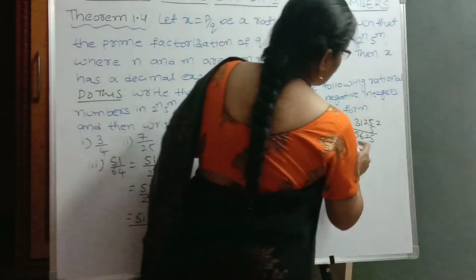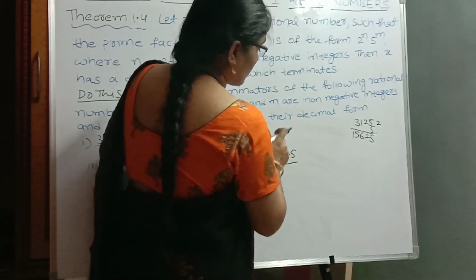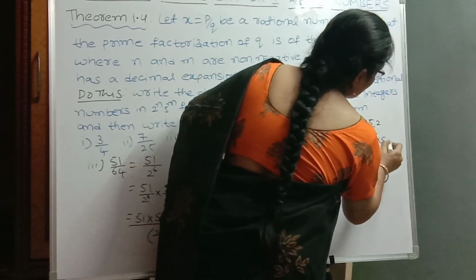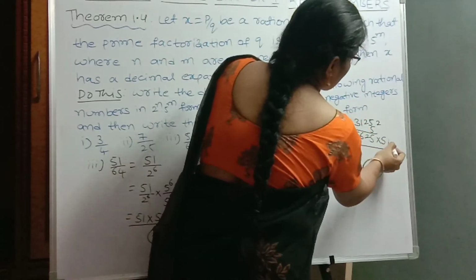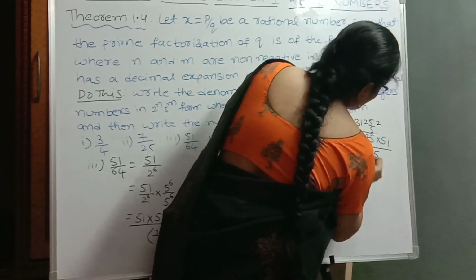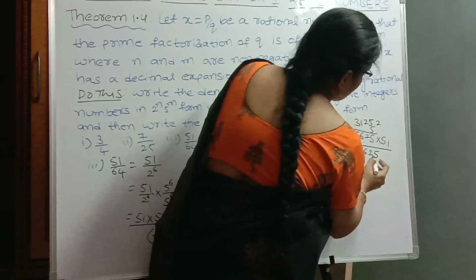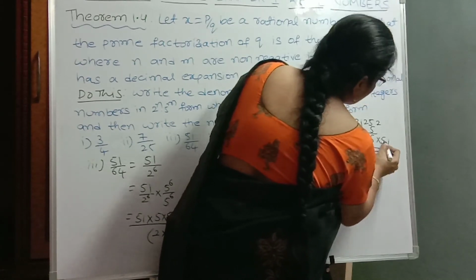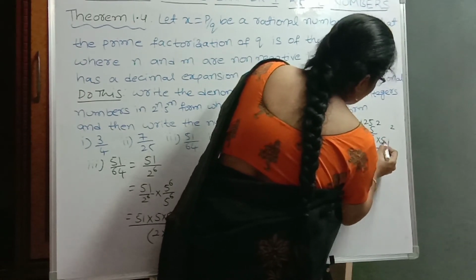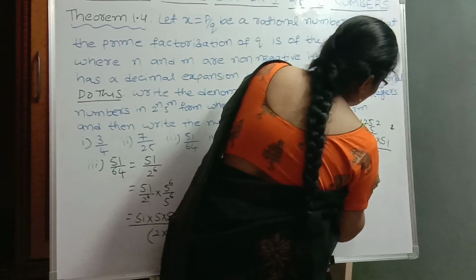Okay, next multiply this 51 with 15,625, first with 1. That is 1 5s are 5, 1 2s are 2, 1 6, 1 5s are 5, 1 1s are 1. And next with 5. 5 5s are 25. Next 5 2s are 10, 10 plus 2 is 12.